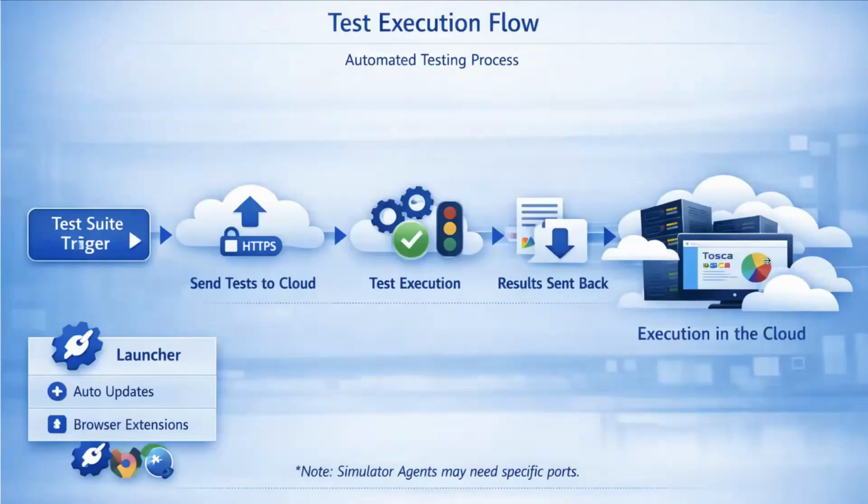Now coming to the whole automation testing process, how the execution works. So as you can see, we have got the launcher, which has got all the browser extensions. So when we trigger a test in the web app, Tosca Cloud sends the execution request to the selected agent. It could be the team agent or the cloud agent, and then the agent executes the test.